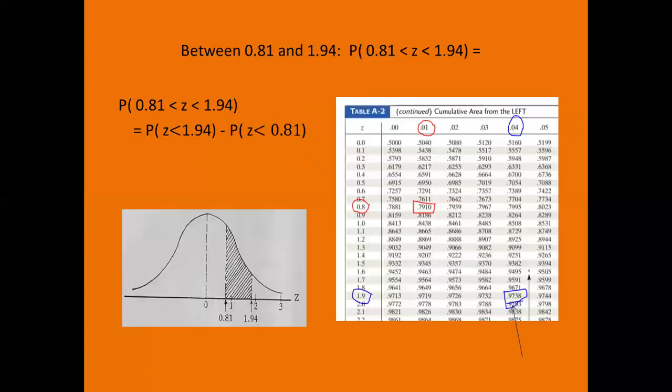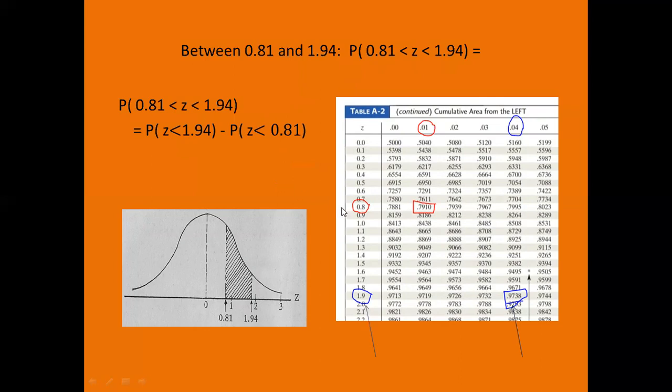So let's have this example. Suppose we're looking for the probability that your standard score is between 0.81 and 1.94. So una, i-rewrite po natin in this form. Ano? So magiging po siyang 1.94 minus 0.81. So hanapin muna po natin yung area ng 1.94.